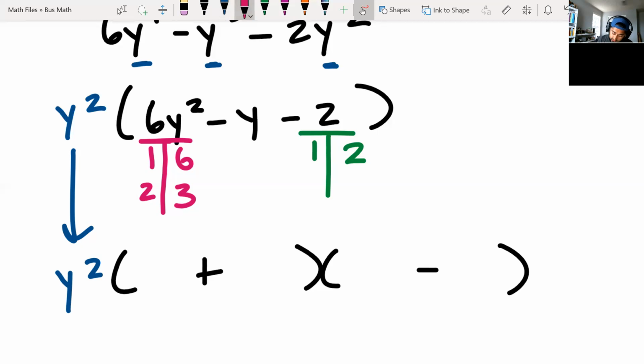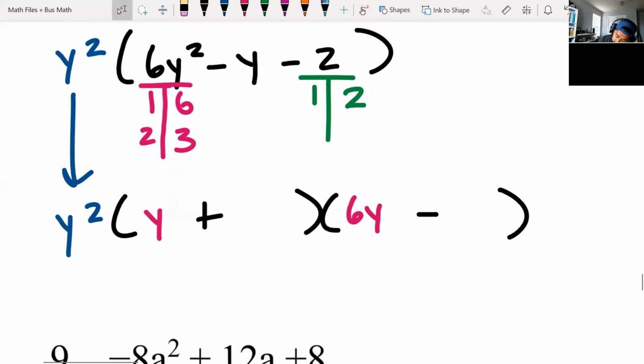Let's go 1 and 6. I'll have 1y here, 6y there. And then lucky for us, there's only factors of 1 and 2 there. So how do you want to place the 1 and the 2? Should we go 1, 2 or 2, 1? 2, 1. Go 2, 1.